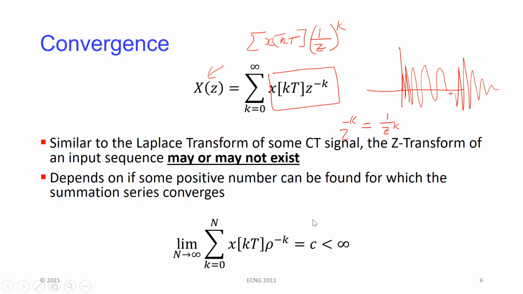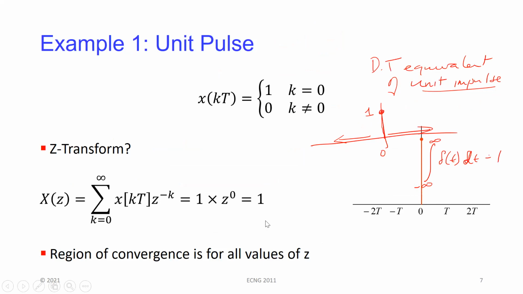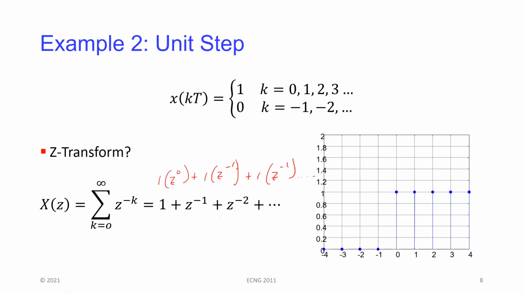So these kinds of transforms, some math books will have it like 1 plus 1 over z plus 1 over z squared, etc. In engineering work and for our work, especially discrete time controls and signal processing and the like, we prefer it in this form because it relates exactly to what the signal is doing.